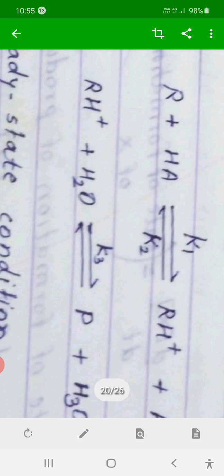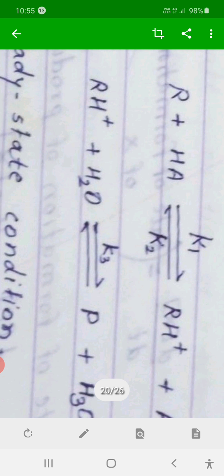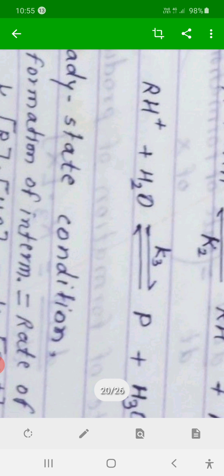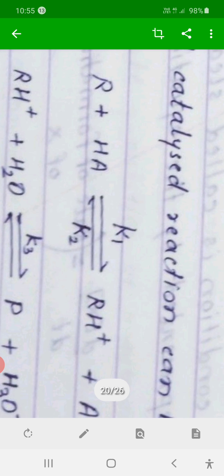The rate of this P formation is very much larger than the rate of decomposition of RH back into R plus HA. This second way is very much greater than the backward regeneration of R plus HA.